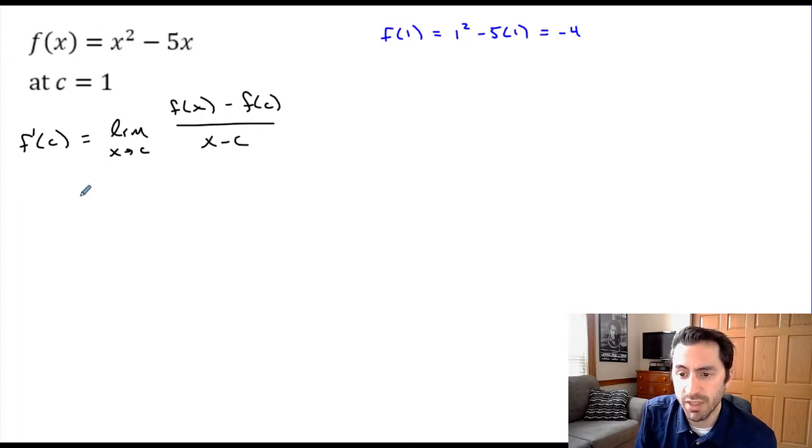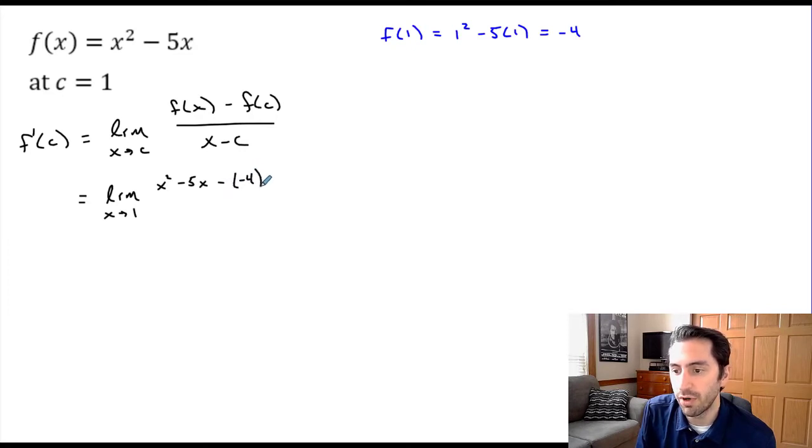And let's plug in everything else we know as well. So we still have the limit out front. Now it's going to be the limit as x approaches 1, because c is equal to 1. f of x is our original function. So x squared minus 5x, and then we're going to subtract the value for f of c we just found.